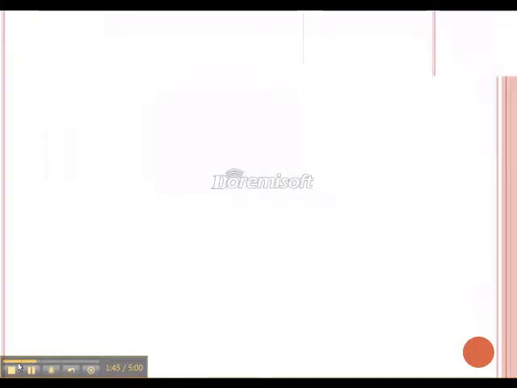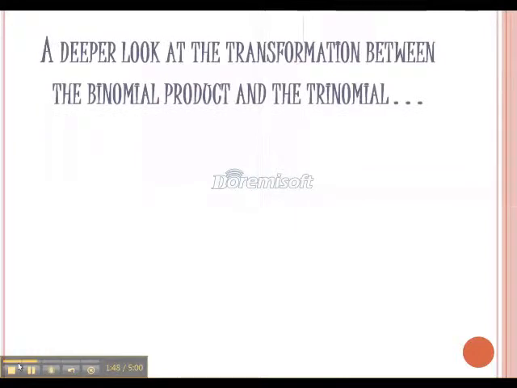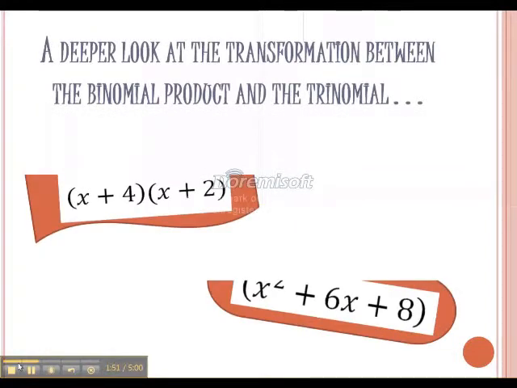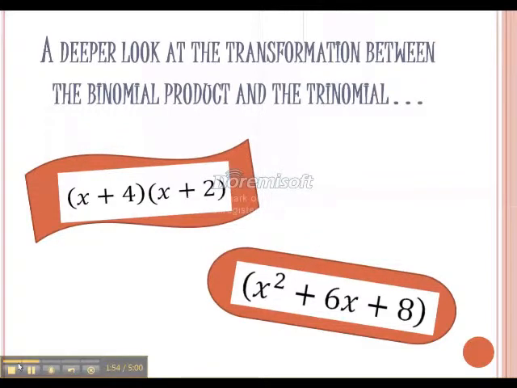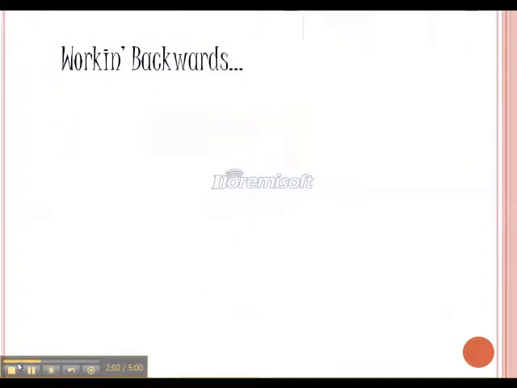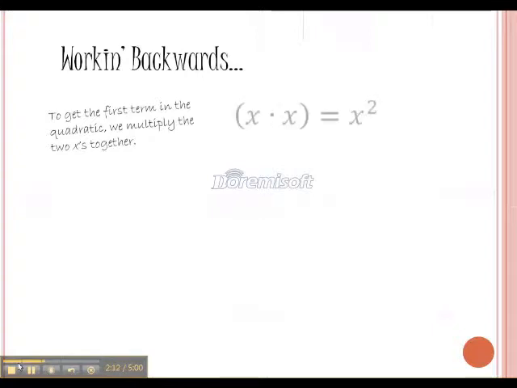So we're going to dive a little bit deeper into the transformation between the binomial product and the trinomial. How on earth do we go from one to the other and back again? Working backwards. When we multiply the two binomials together, we multiply the x's and get x times x, which is x squared, the first term in our quadratic.